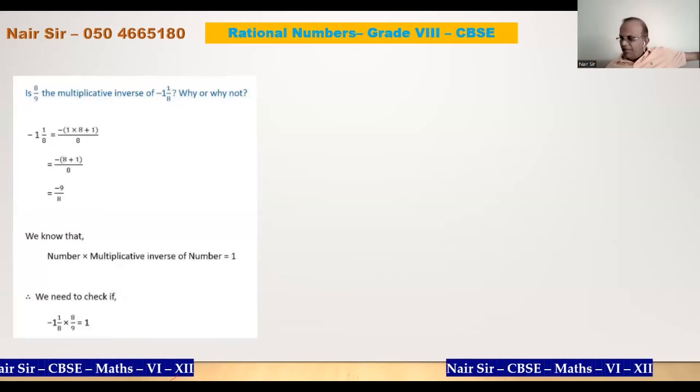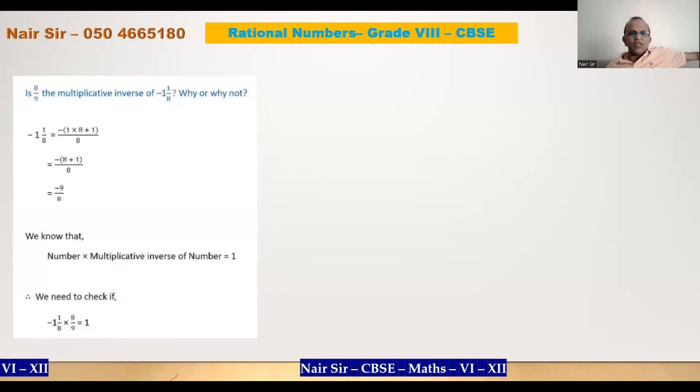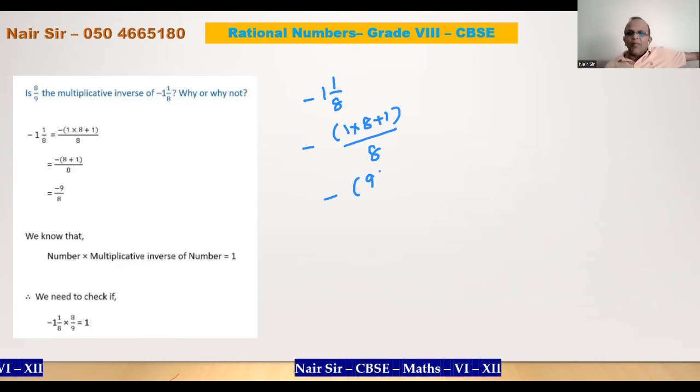The answer is right on your screen, so you can go through it. I'll give you an understanding. Minus 1 whole 1 upon 8, I'm going to write this as minus 1 into 8 plus 1 upon 8. I will get minus 9 upon 8.